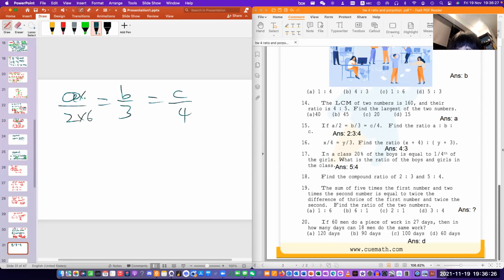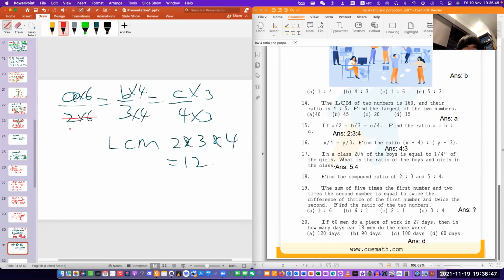Times 6, times 6, times 4, times 4, times 3, times 3. Can I ask you what concept I use here? LCM, because the LCM for 2, 3 and 4 is 12. That's why I make all of these 12.